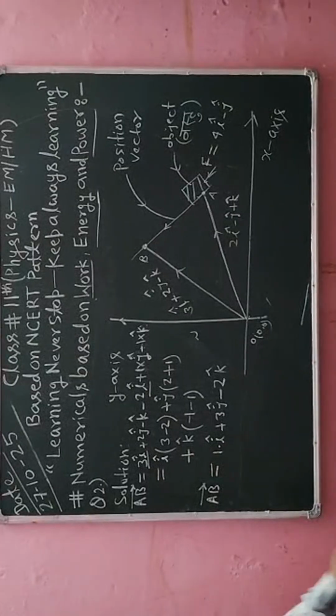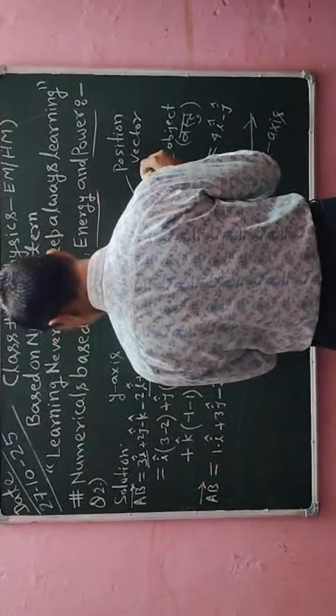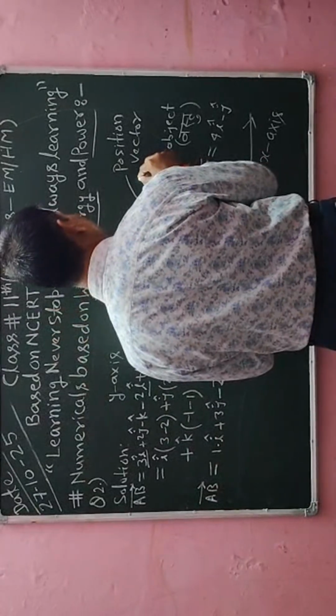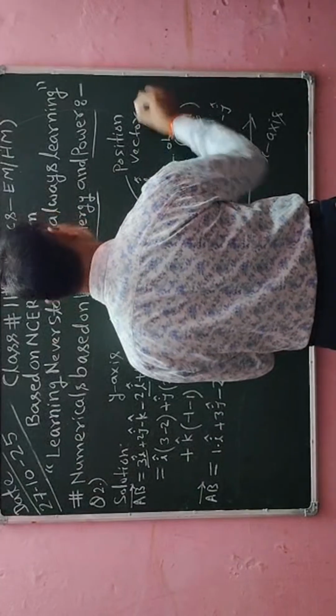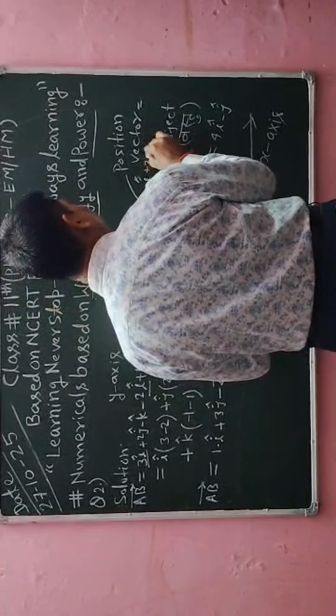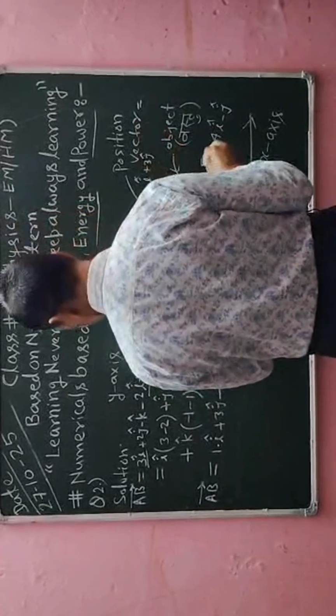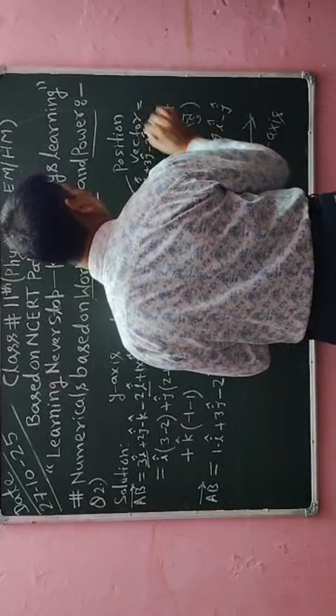This is the position vector, that is the displacement vector (Visthapan Sadish). So I will write its value: vector i plus 3 vector j, and then -2 vector k cap.